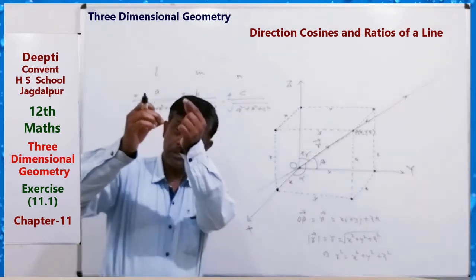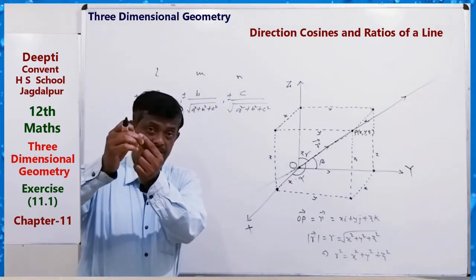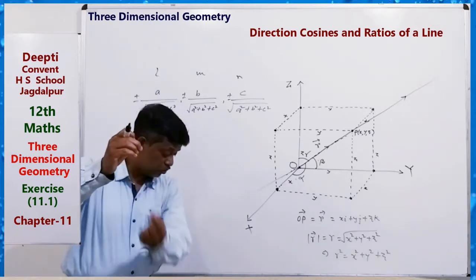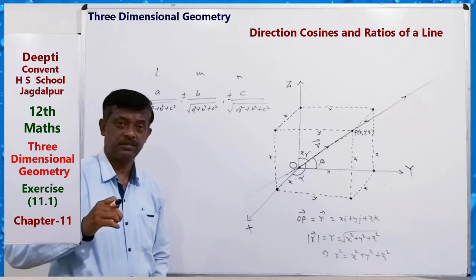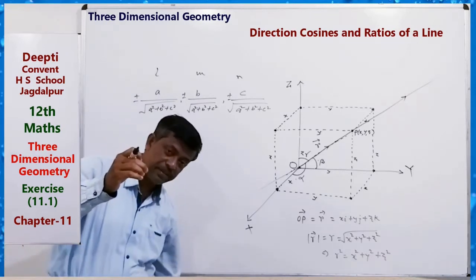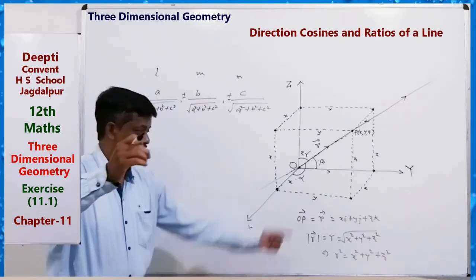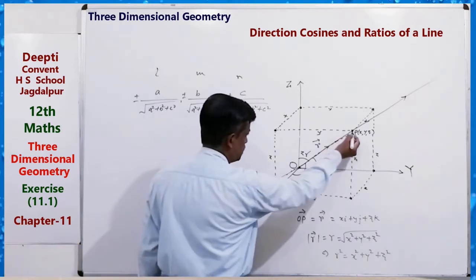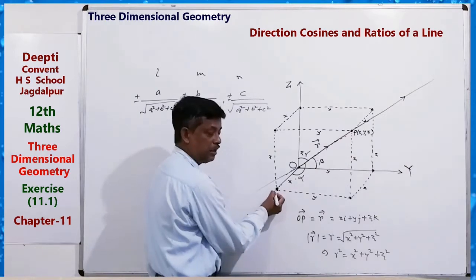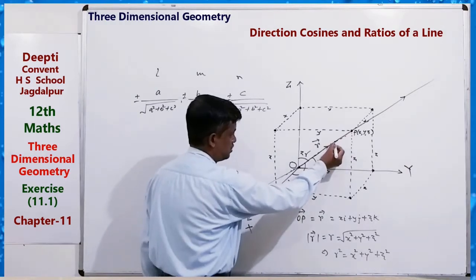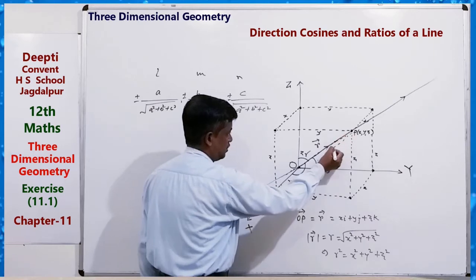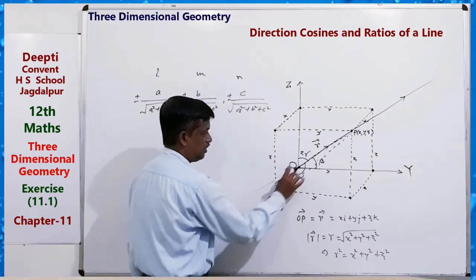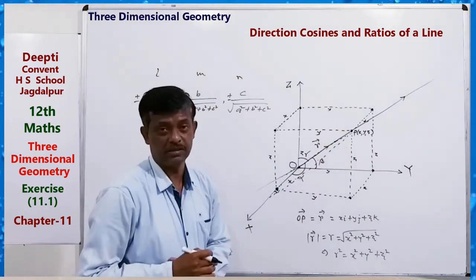Now from this P we can draw a perpendicular to the x-axis. Suppose here we draw the perpendicular. Then OP will be the hypotenuse.